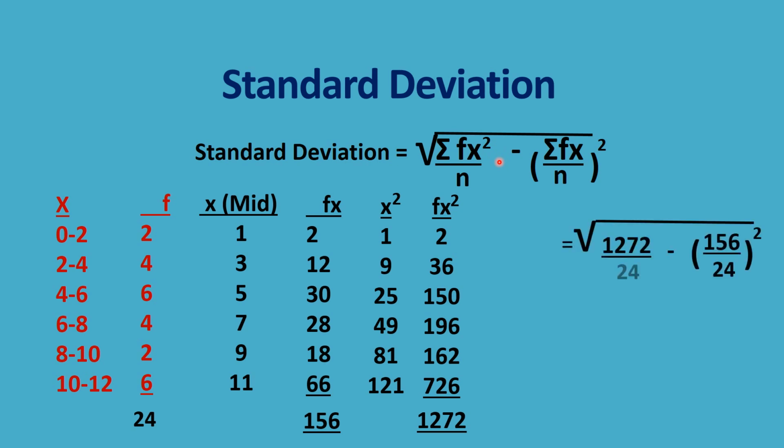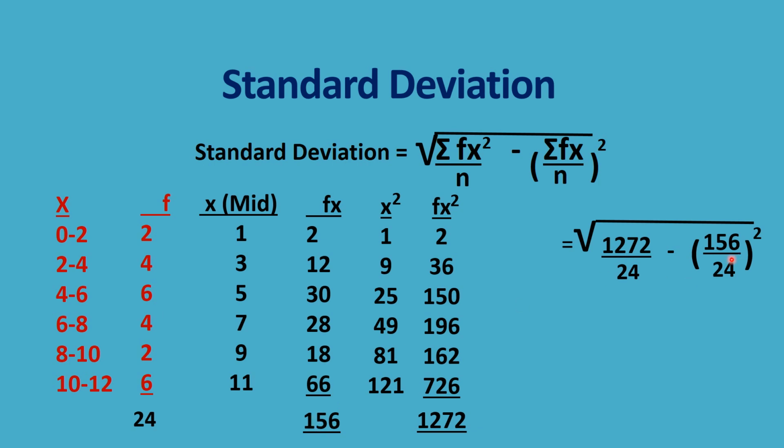See, this is equal to 1272. This is the sigma fx square. See, sigma fx square is put here divided by n. N is the total frequency, that is 24, and then sigma fx is 156.